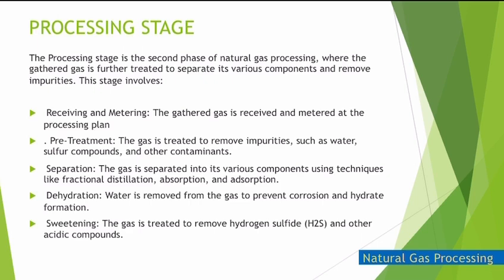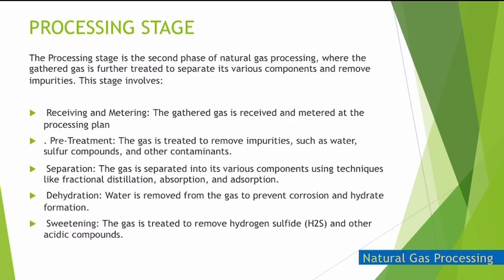The gathered gas is received and metered at the processing plant. The second point, pre-treatment. The gas is treated to remove impurities such as water, sulfur compounds, and other contaminants. The separation stage.